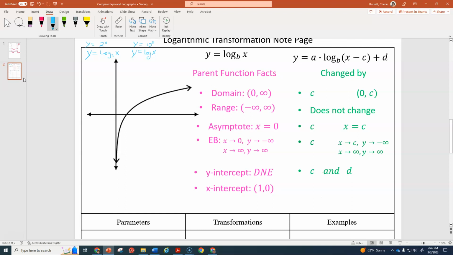And by the way, this right here is called the common log. We say it's log base 2 of x. That's how we read that, log base 2 of x. This is log base 10 of x, or we could just call it the common log. And then the third one is the inverse of y equals e to the x.